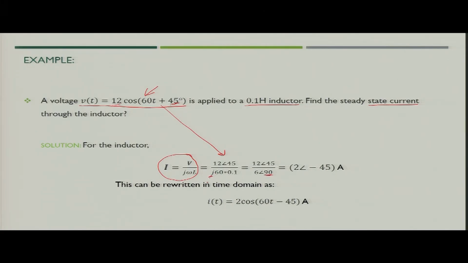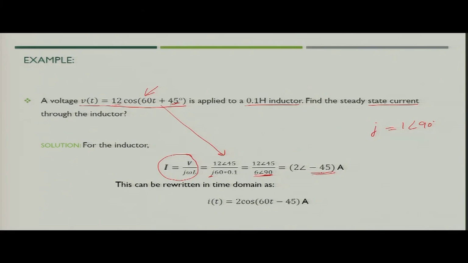Because the j term is there, and j can be simply written as 1 angle 90 degree. So if you multiply j with 1 angle 90 degree, you will get 6 angle 90 degree as the denominator. When you simplify, the 12 will become 2 when you divide it by 6, and then 45 minus 90 degree would be the final phase angle, that is minus 45 degree ampere.